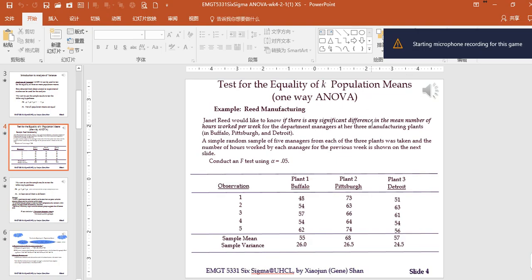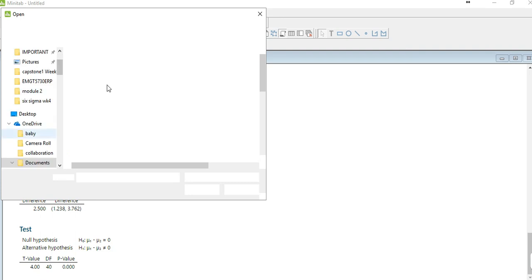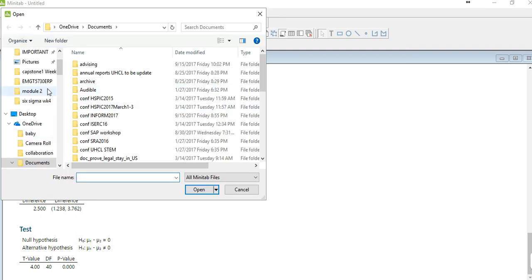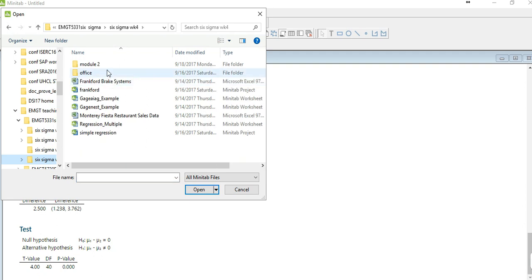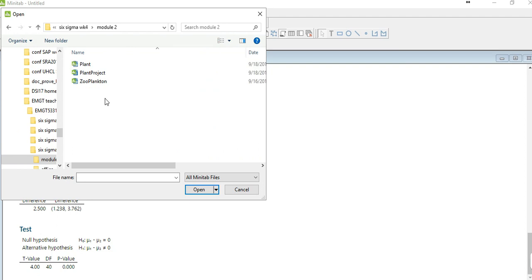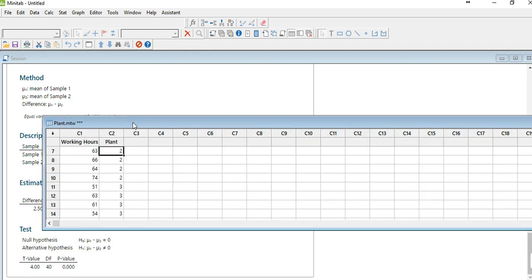Now let's look at ANOVA. You can enter the data manually, or you open the file that I have for you. So here is the plant data.